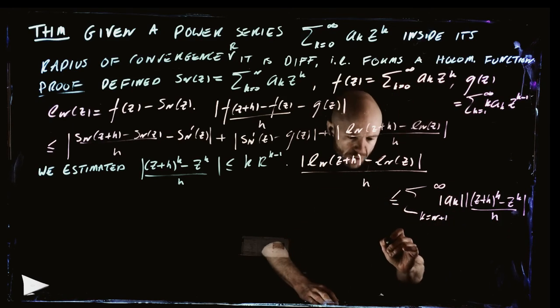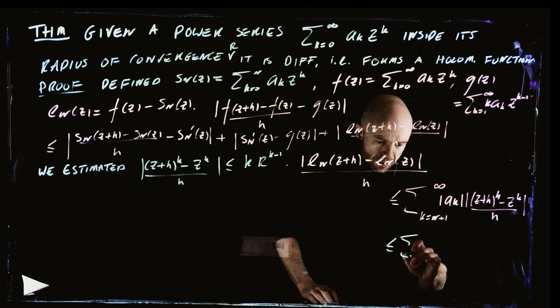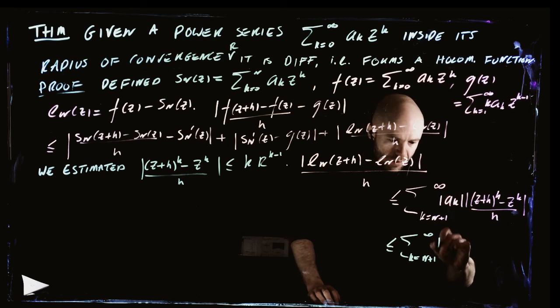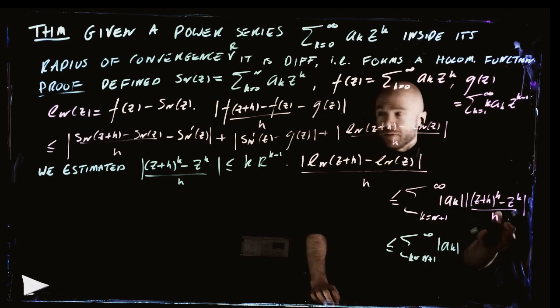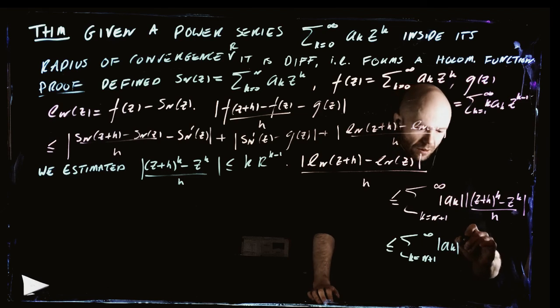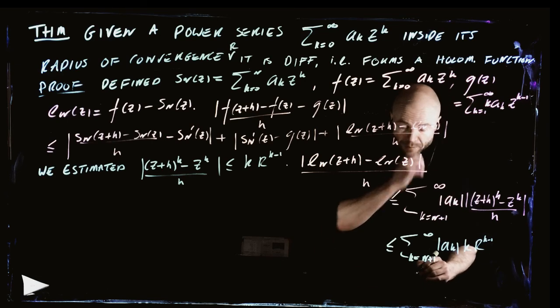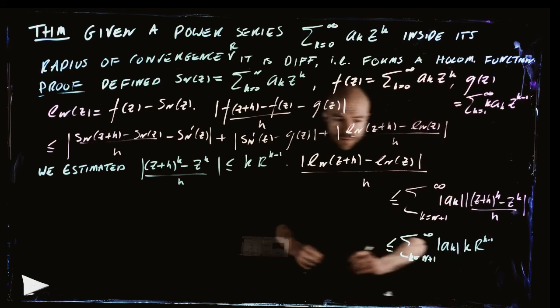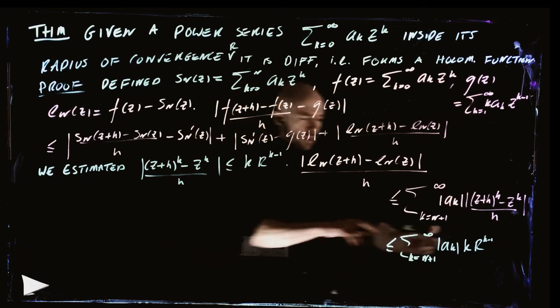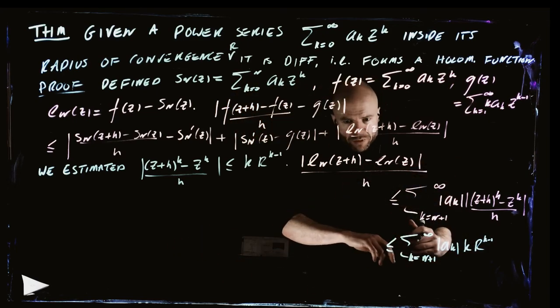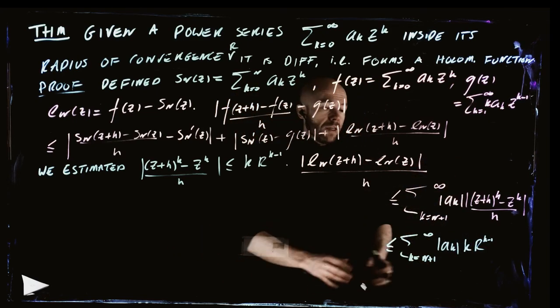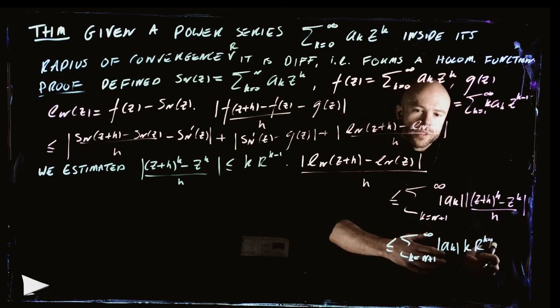But we know that this is less than the sum k equals n plus 1 to infinity of mod a_k, and then this thing we've just estimated like this, k r^(k-1). Cool. But this thing we saw from the previous proof is the tail end of a convergent series.